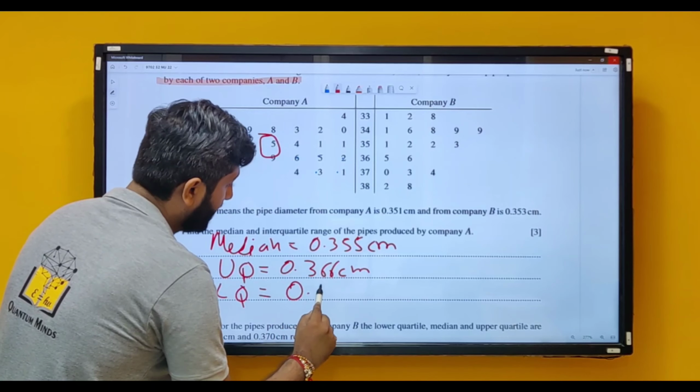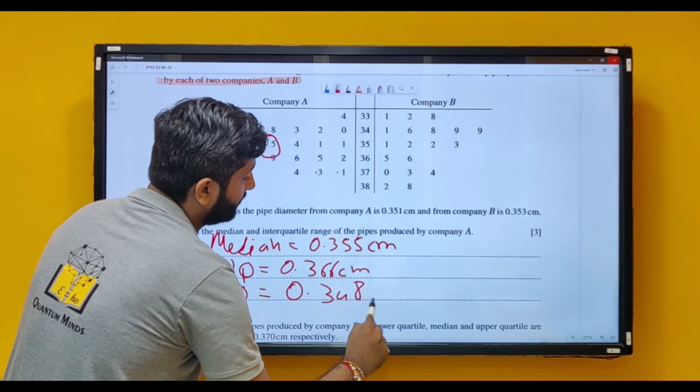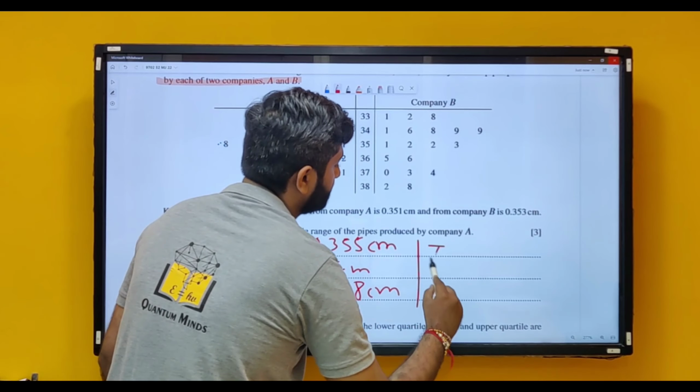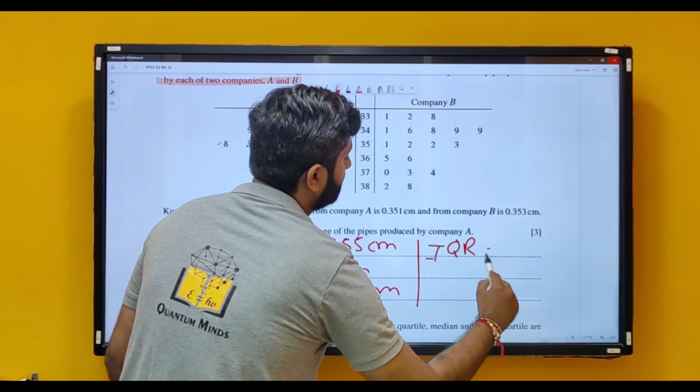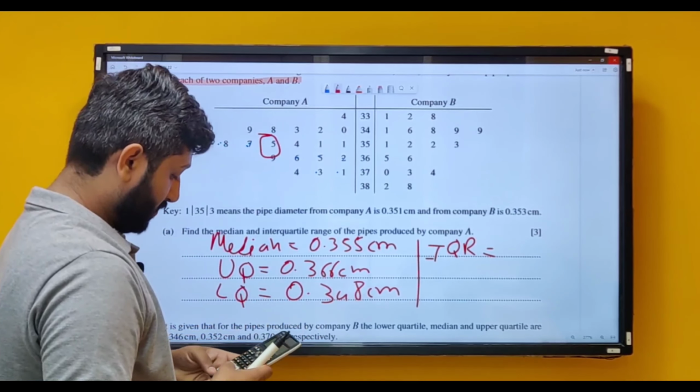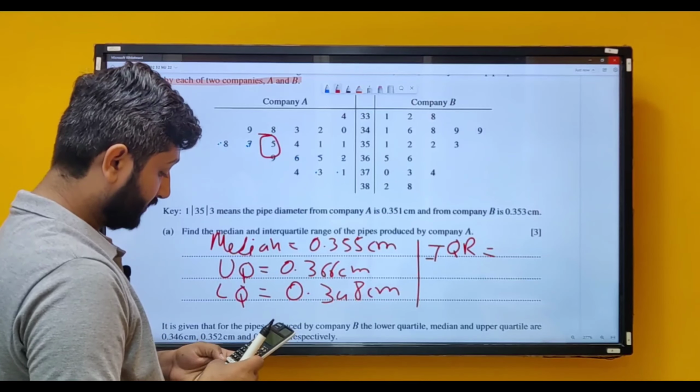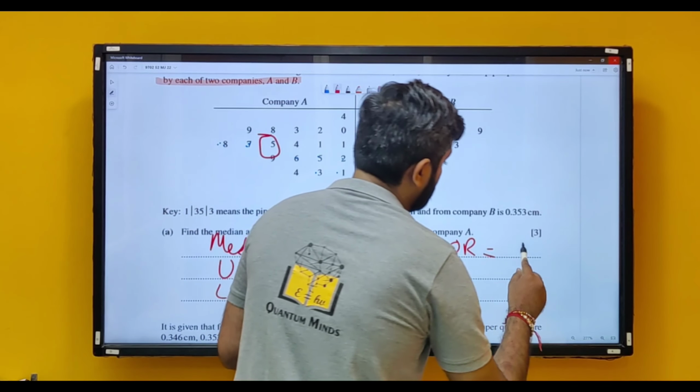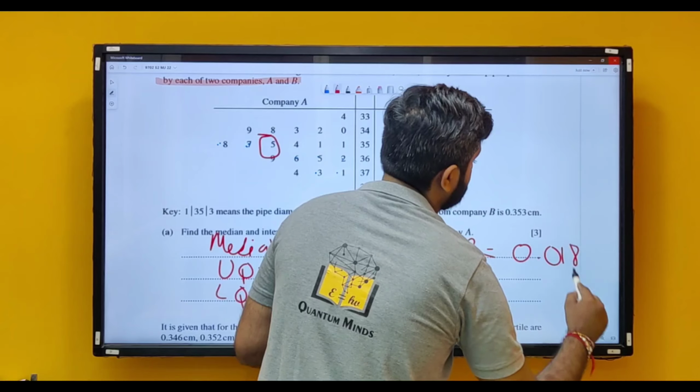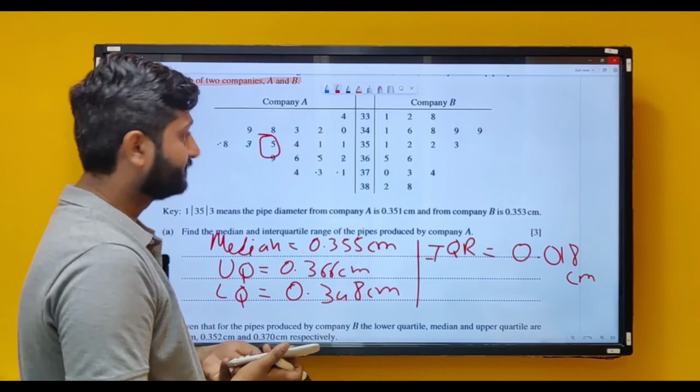So the lower quartile is 0.348 centimeter, and thus my IQR is 0.366 minus 0.348, which is 0.018 centimeter. This is my IQR.